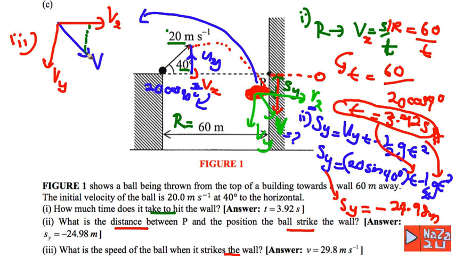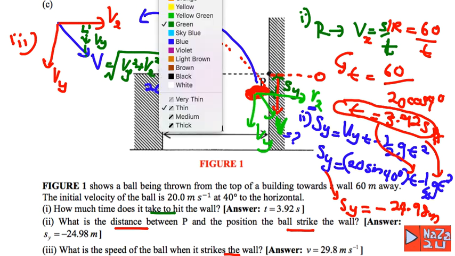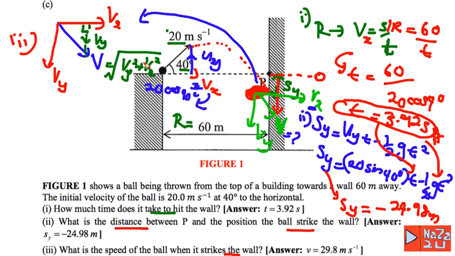Draw the triangle with a 90 degree angle, where vx is horizontal and vy is in the downward direction. You can find the hypotenuse, so v is equal to the square root of vy squared plus vx squared. The value of vx is 20 cos 40.